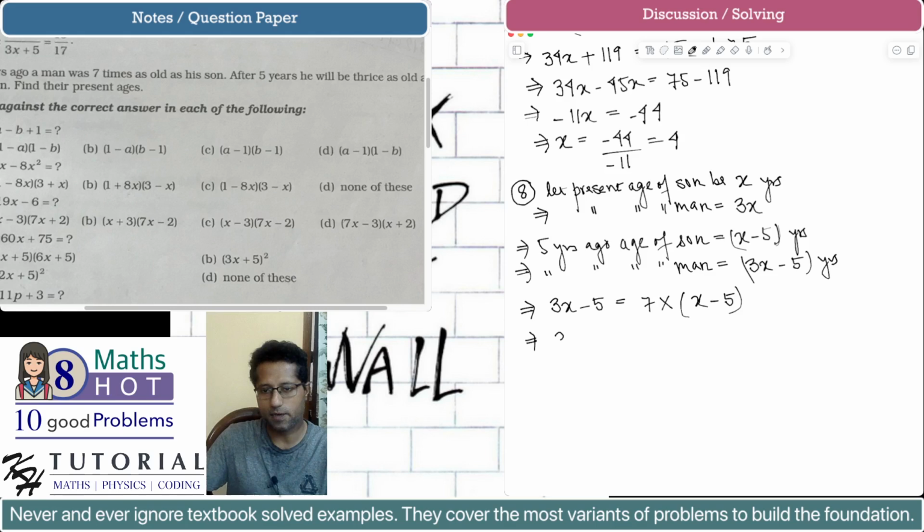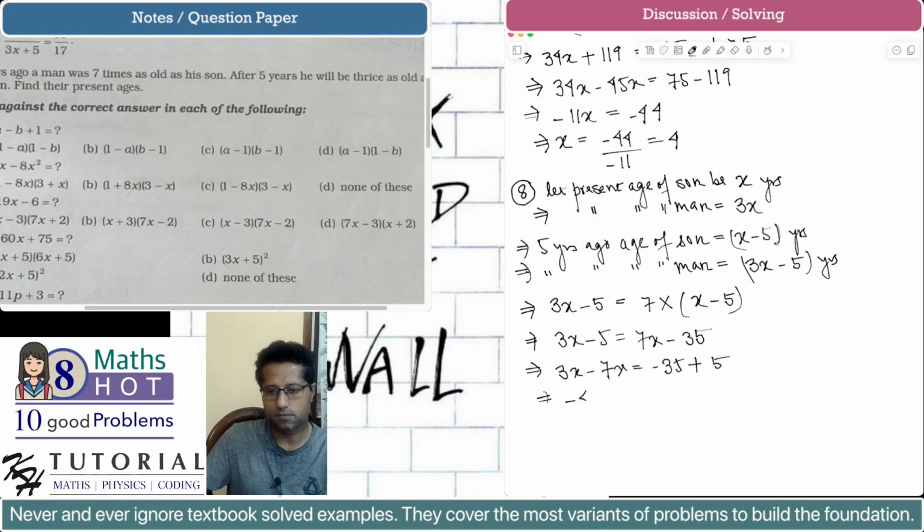So we get 3x minus 5 is equal to 7x minus 35. This implies 3x minus 7x is equal to minus 35 plus 5. This implies minus 4x is equal to minus 30.